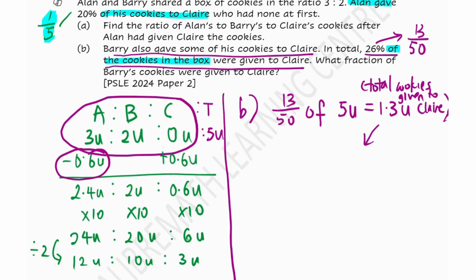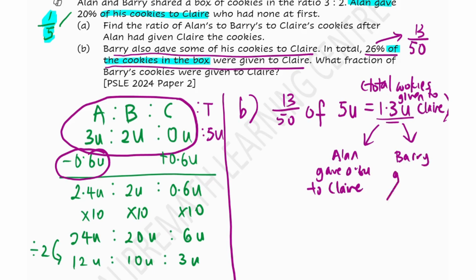So we can indicate here, Alan gave 0.6 units to Claire. Since the total number of units given to Claire was 1.3 units, we will be able to find out how many units Barry had given to Claire by using 1.3 units to subtract 0.6 units, and that gives us 0.7 units.